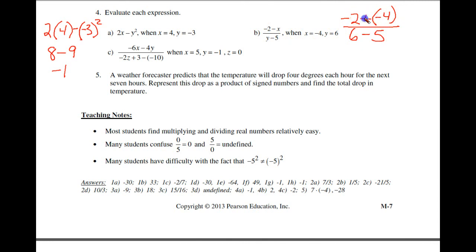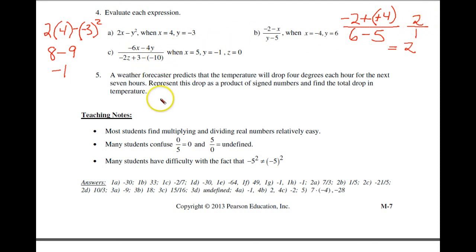Remember, this will become a positive from an earlier lesson. Then we have y, which is 6 minus 5. Okay. So on our top, we have -2 and a +4. That will give us a +2 over 1. And that just becomes a 2. We don't write it this way. Remember, there is a 1 there.